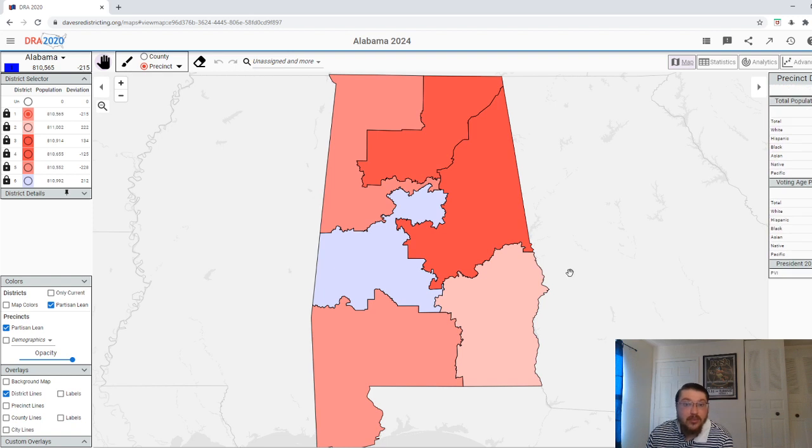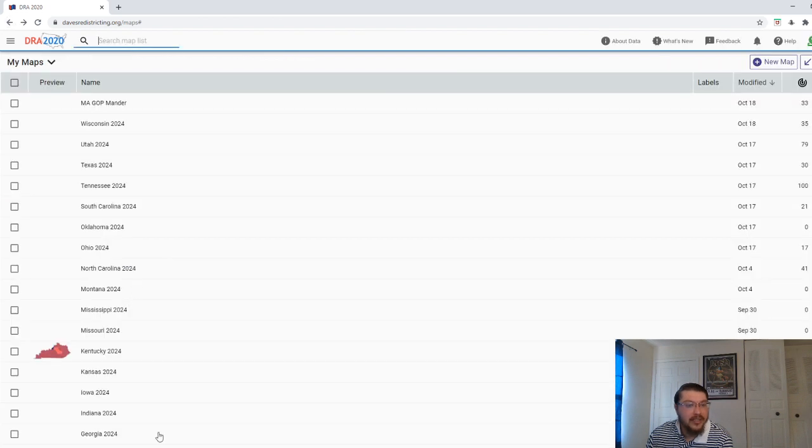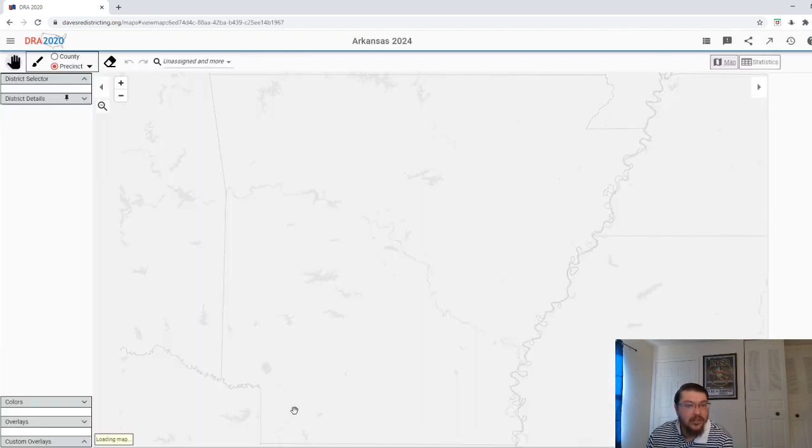But sometimes that doesn't work out. I also tried to vaguely keep districts in the same location. Alabama is very difficult to actually get a district that votes Democrat in when they lose a district. So there's that. We're going to go back and then scroll down and we'll look at Arkansas.